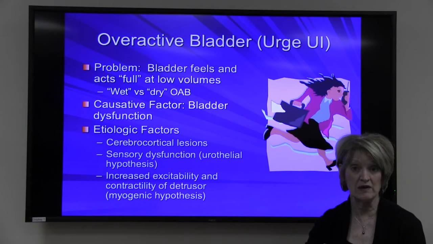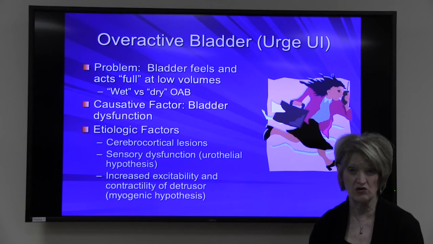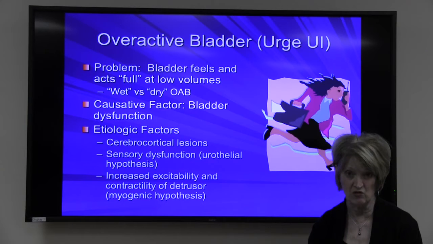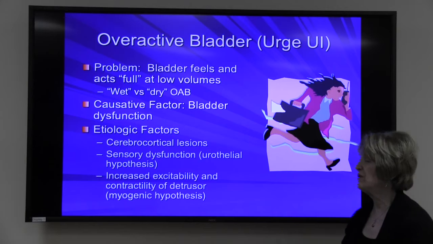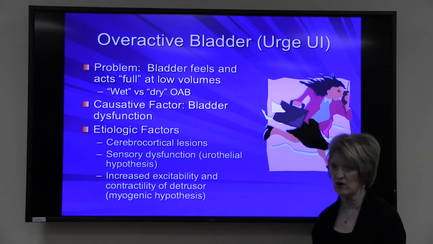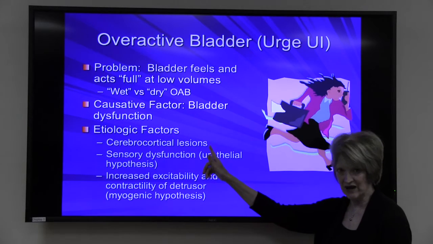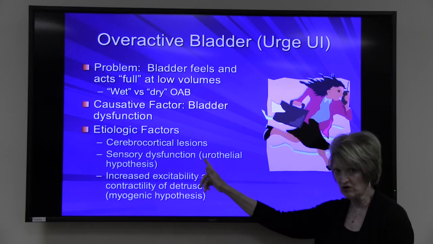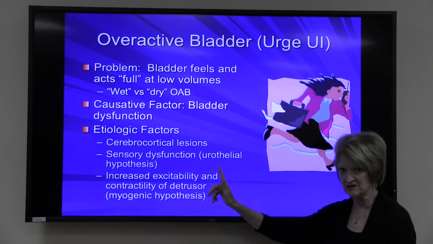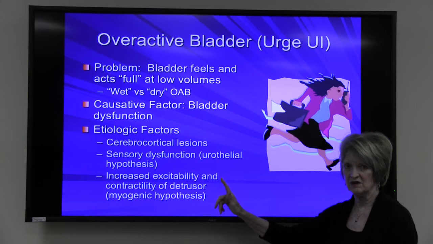We know it's more common in patients with Parkinson's. Even though we don't understand all of the details as to why, we know that cerebrocortical lesions can interfere with the ability to control the bladder. But most patients who have OAB haven't had a stroke, don't have Parkinson's, and have no obvious cerebrocortical lesions.